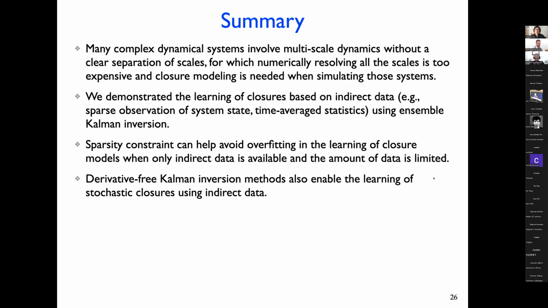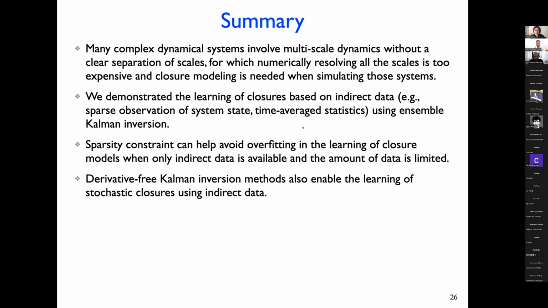Okay. So to summarize, many complex dynamical systems involve multi-scale dynamics without a clear separation of scales, for which numerically resolving all the scales is too expensive and closure modeling is needed when simulating those systems. And we demonstrate the learning of closures based on indirect data, such as sparse observations of system state, or some time average statistics using ensemble Kalman inversion.